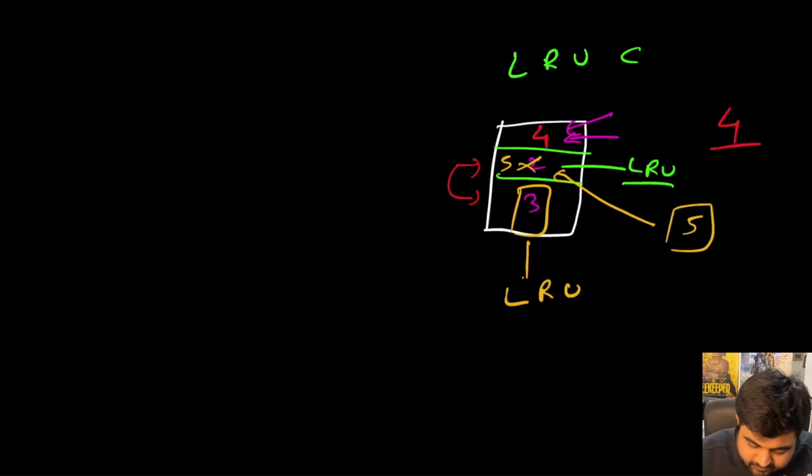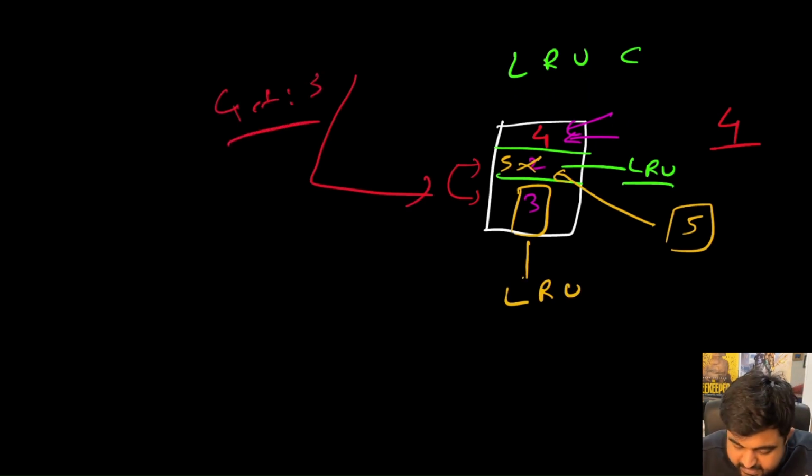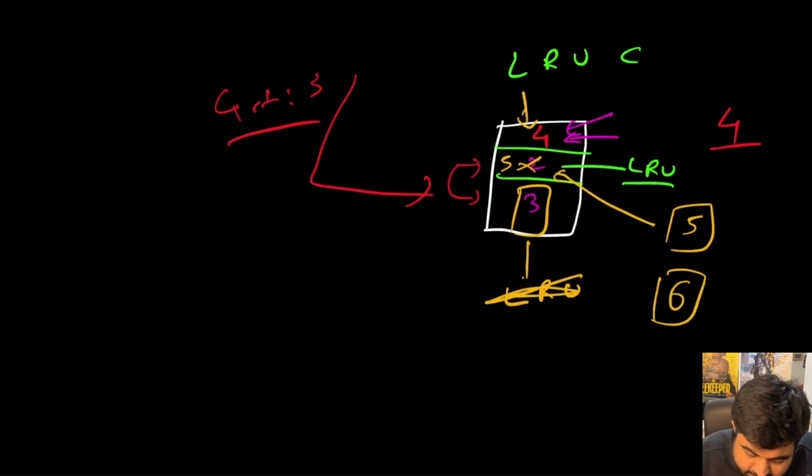But say for an example, for some reason I ask this cache, hey, get me this value number 3. In this case, now this 3 is no longer the least recently used value. Now the least recently used value is going to be this value number 4. So in case I have to enter value number 6, again I'm going to kick out value number 4 and add value number 6 over here. This is the constraint of least recently used cache, and this is what we need to implement.